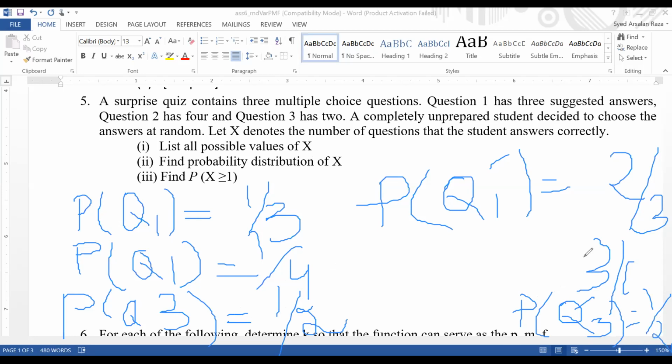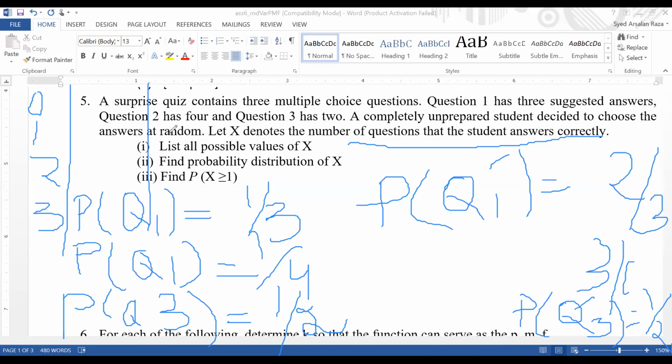Now, list all possible values of x. X is what? Number of questions the student answers correctly. The student may give 0 correct answers, 1 correct answer, 2 correct answers, or 3 correct answers.